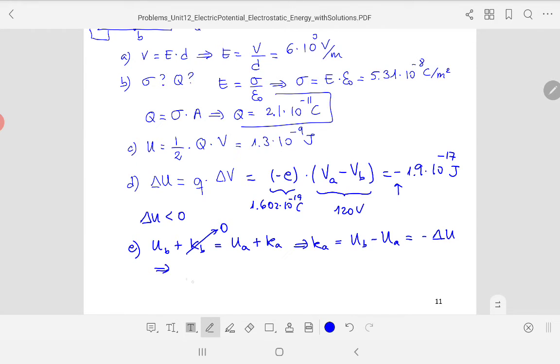So we know that the kinetic energy when it reaches A is going to be 1.9 times 10 to the minus 17 joules.